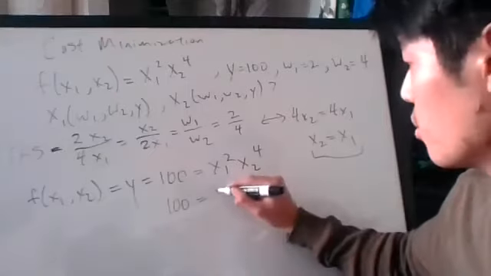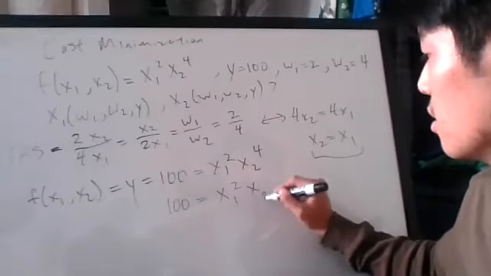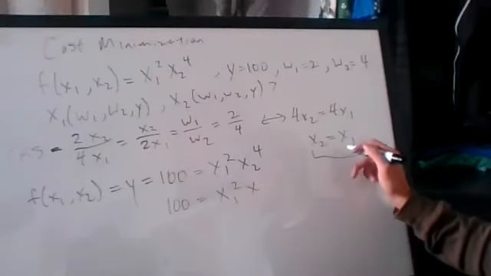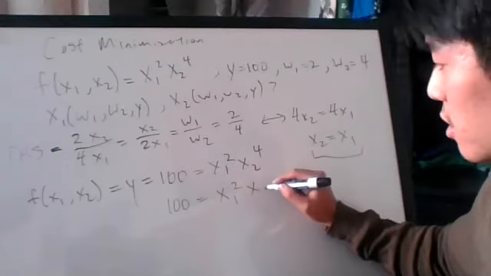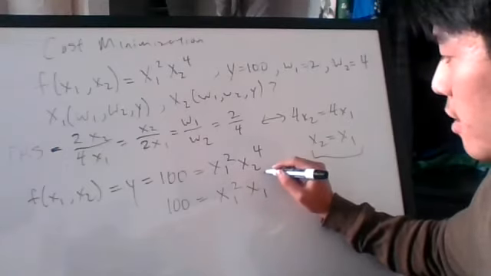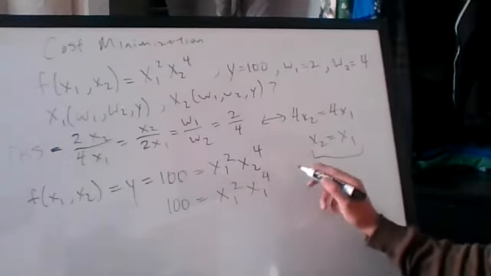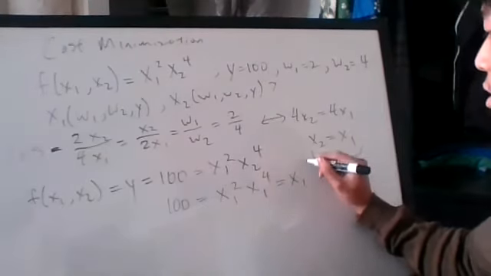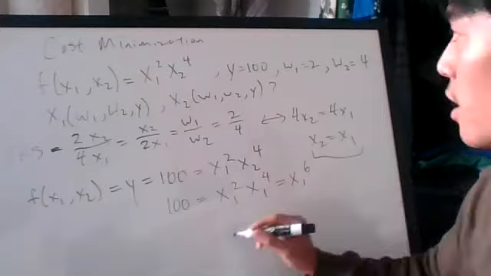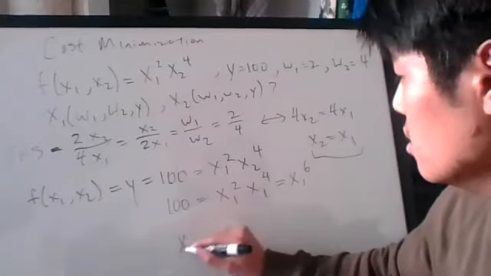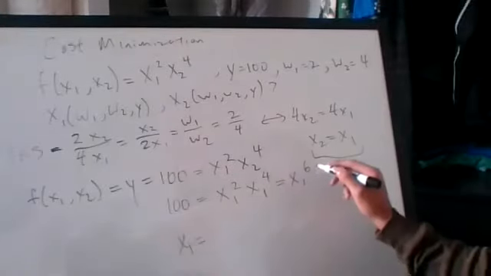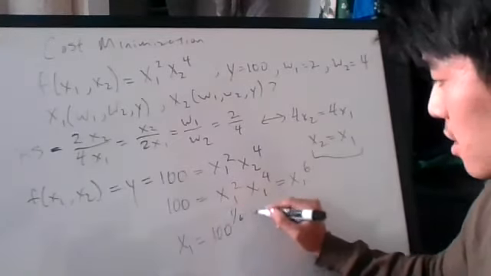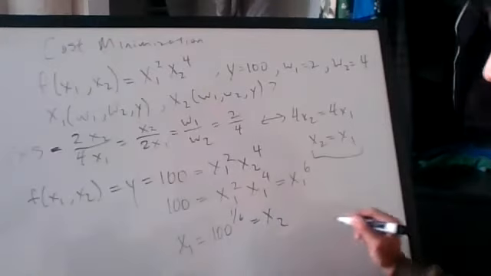We have x1 squared times x2, and x2 is equal to x1, so the exponents add and we get x1 to the sixth. So if you solve for x1, it is equal to 100 to the 1/6, which is equal to x2.